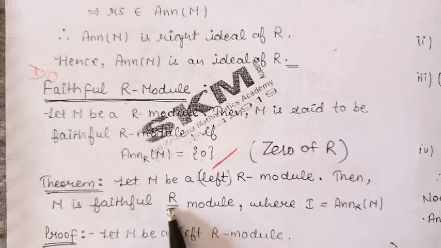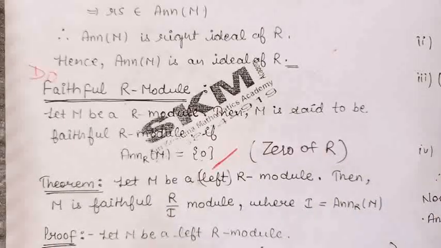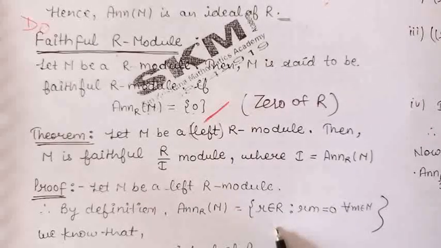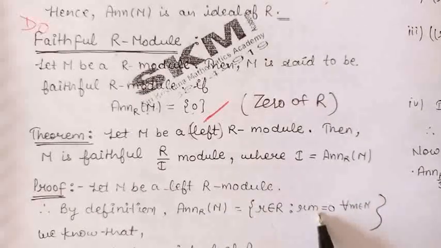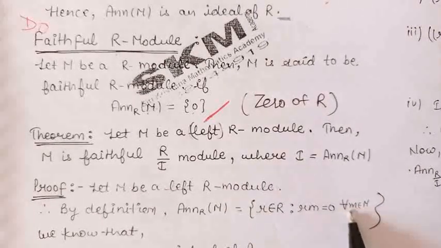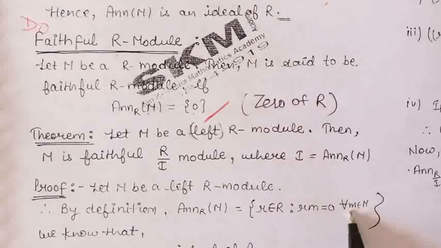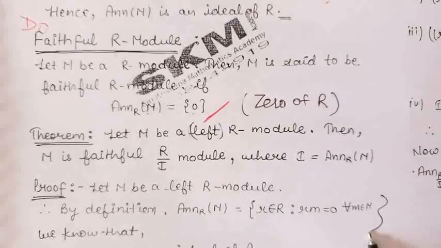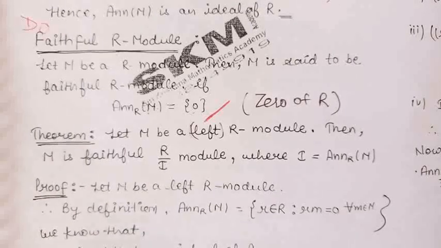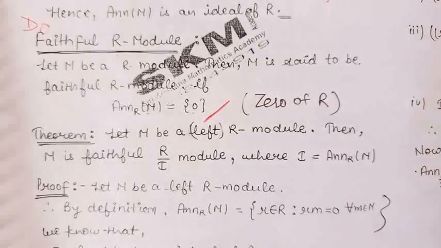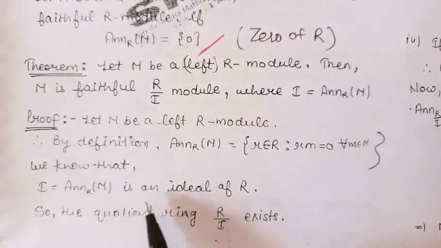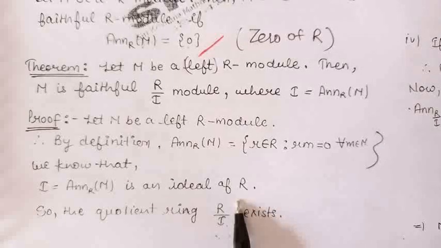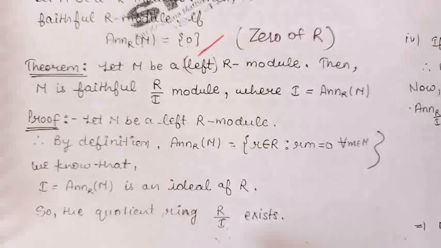Now by definition, the annihilator of module M is a set consisting of all those elements r of the ring R for which r into m is equal to 0 for every element m belonging to the module M. And we already discussed that the annihilator of a module is an ideal of R. So we can say that I is an ideal of ring R. Here I is the annihilator of the module M. And because I is an ideal of ring R, the quotient ring R by I exists.